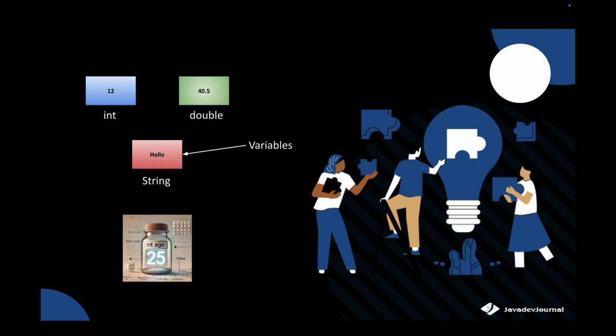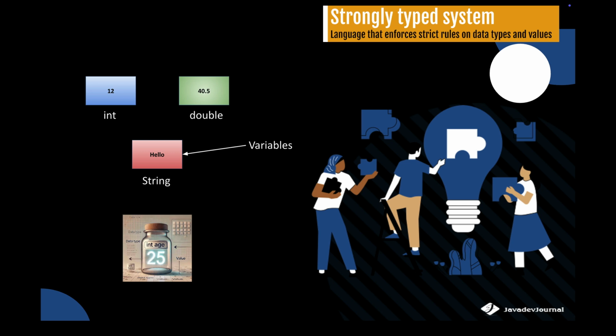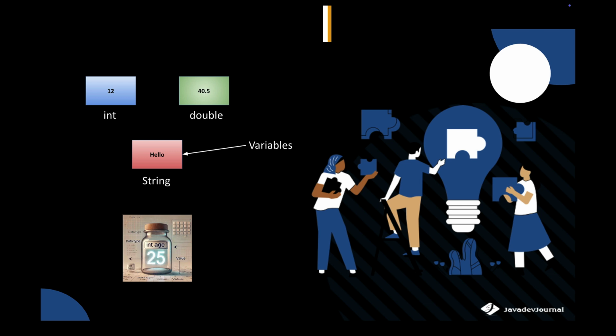I want to touch base on a very critical point in Java. Java is known as a strongly typed language, or a strongly typed system. What do we mean by a strongly typed system? Think of it like you are labeling things.